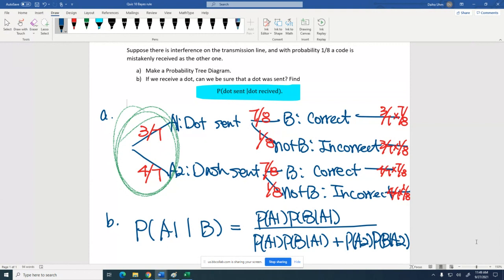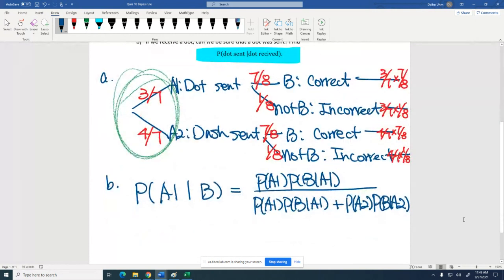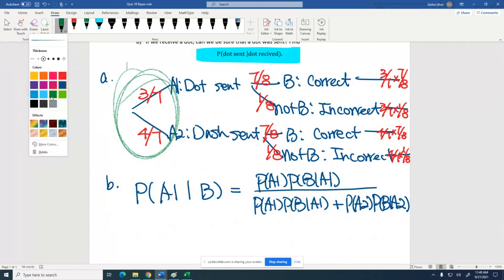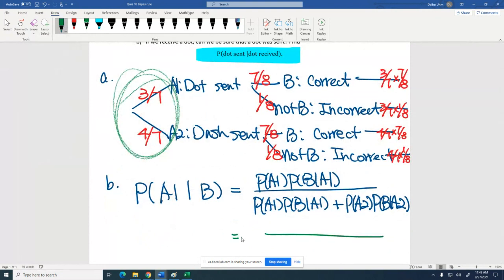Finally, you can get the probability. Any question, ask me. Good.